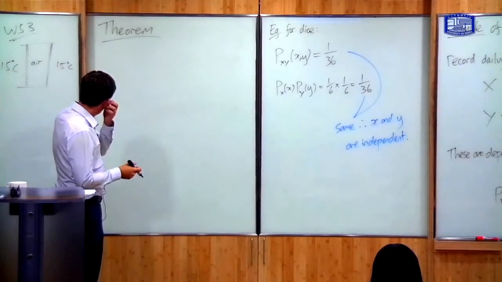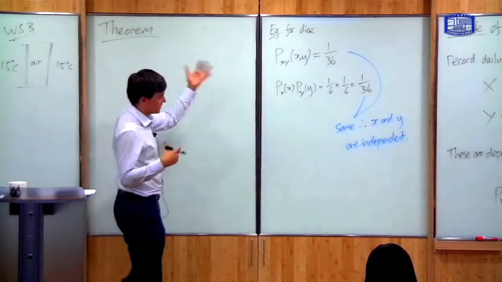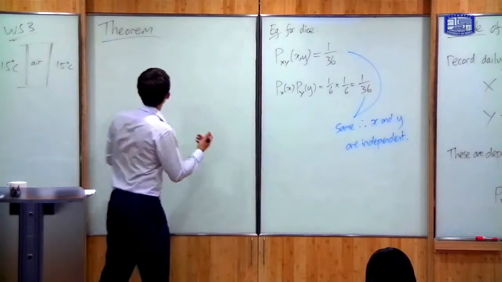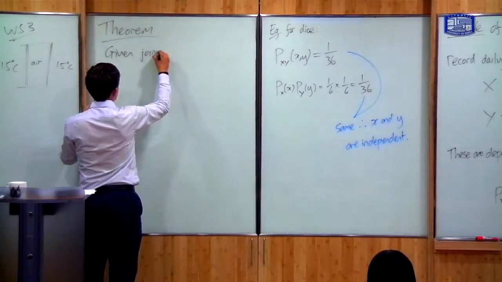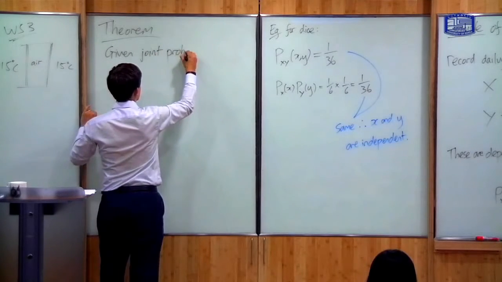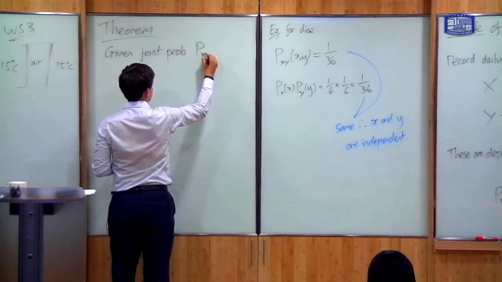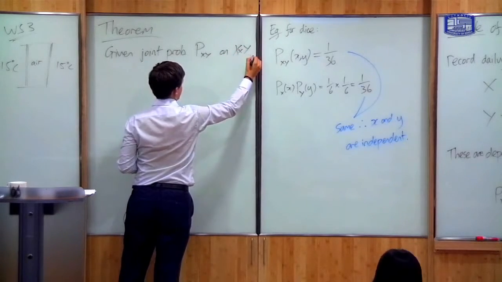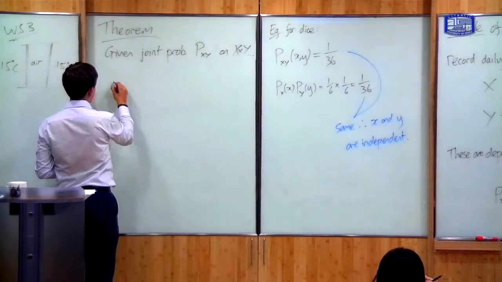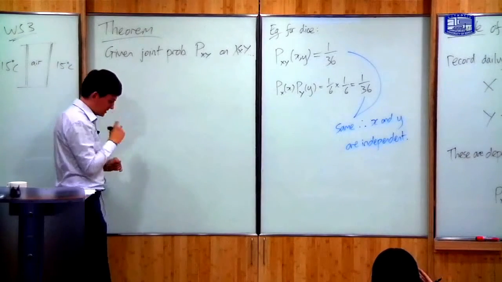There's an important theorem then. Suppose I have these two variables x and y, and I have this probability. So given the joint probability Pxy on the set x plus y, I can make two statements. The first is about the mean.